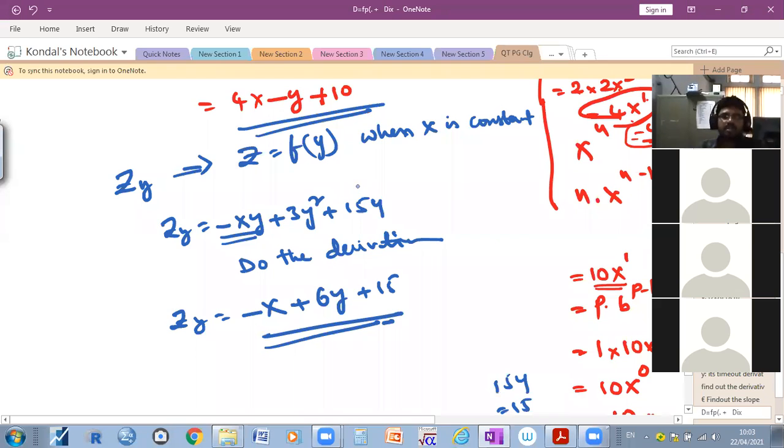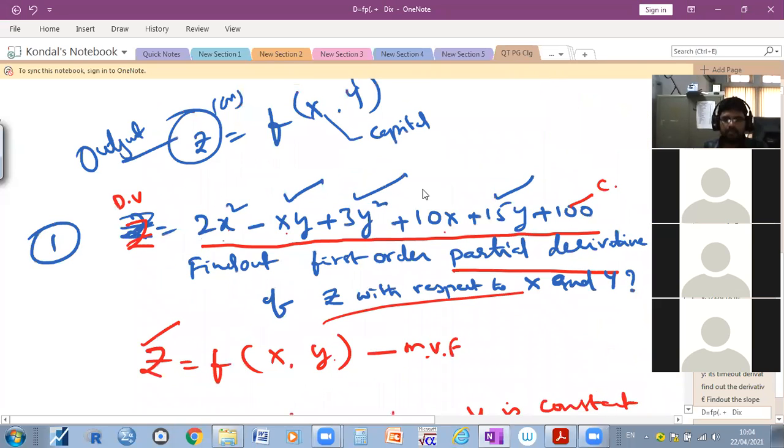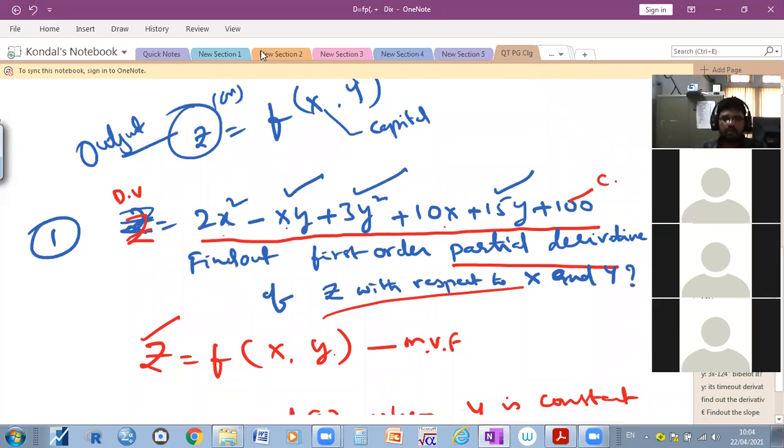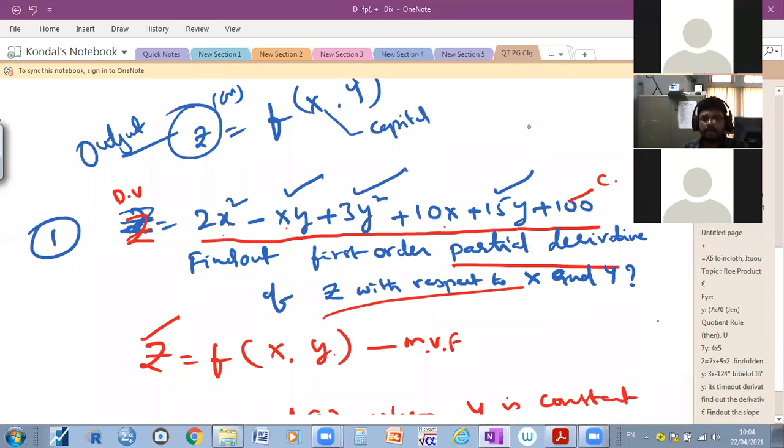This is the first order partial derivative. Yes. Have you understood, please? Yeah, sir. Yeah, let me know. Have you understood? Anybody, if you don't understand, let me know. If other people. Srilata, Supriya, Sahiti, Yeah, sir, I understood.